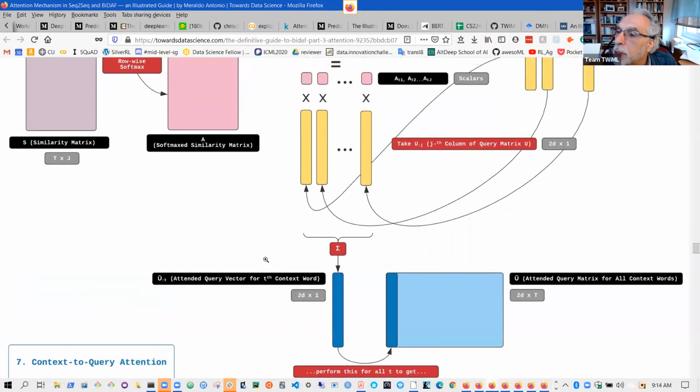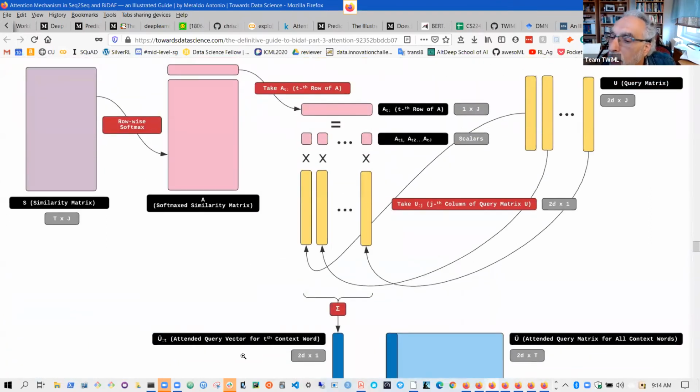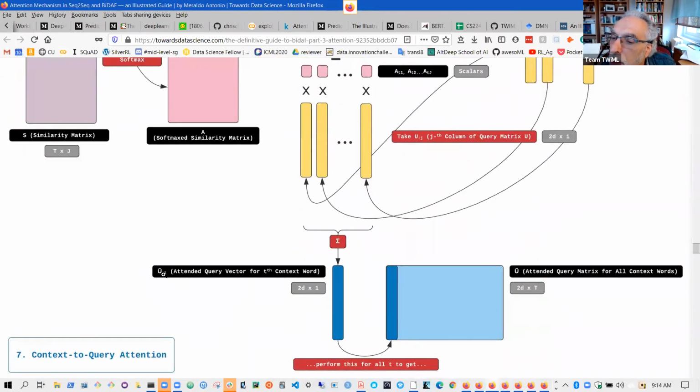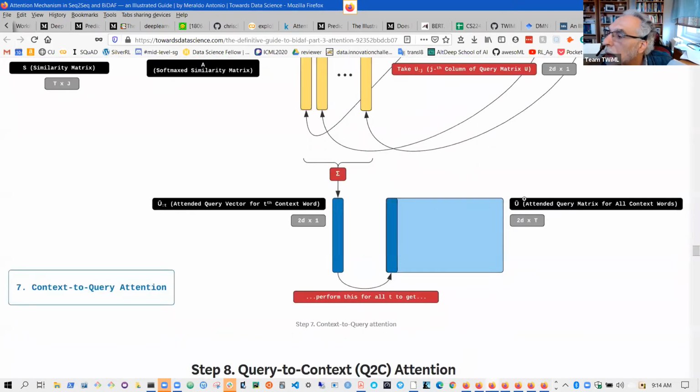And so that's what we should be seeing here. Attended query vector for the t-th context word. Perform this for all t to get this matrix.